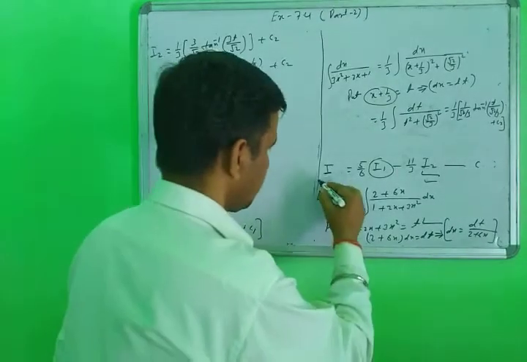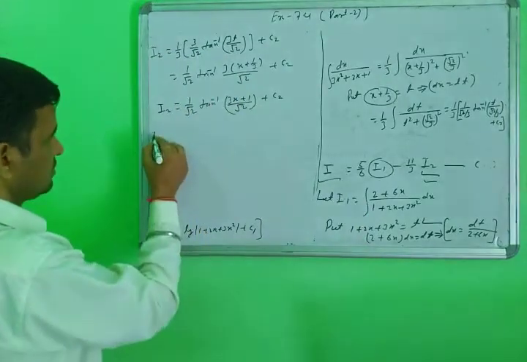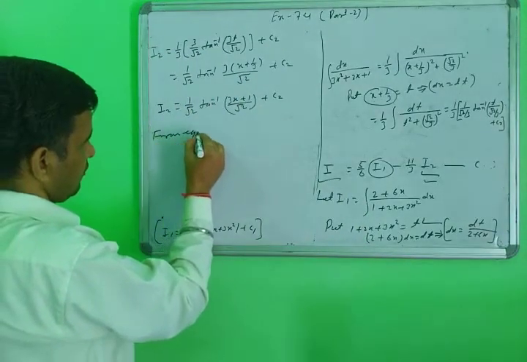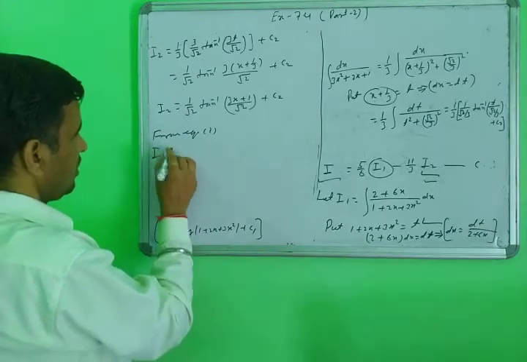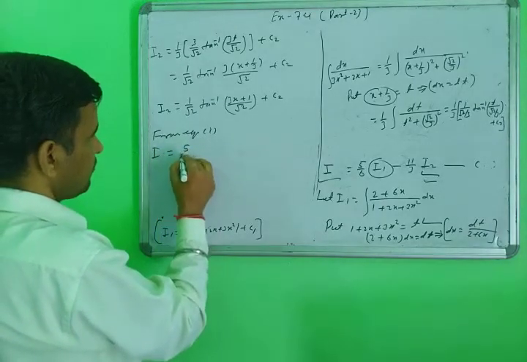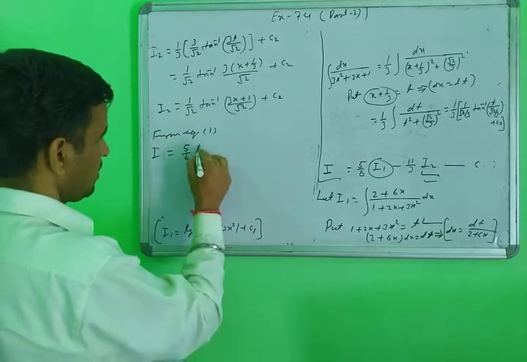Then putting it in equation first: I equals 5 by 6 I1.